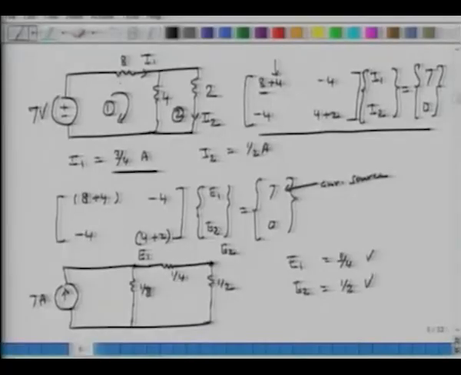What is the potential drop across this resistor? 8 times 3/4. How much is that? 6. So the voltage drop across the 8 ohm resistance is 6 volts. So how much current is going through this 1/8 resistance? 6 amps. And so on.